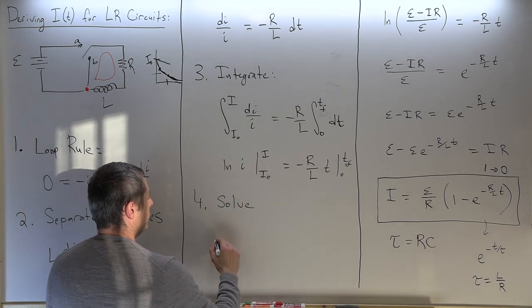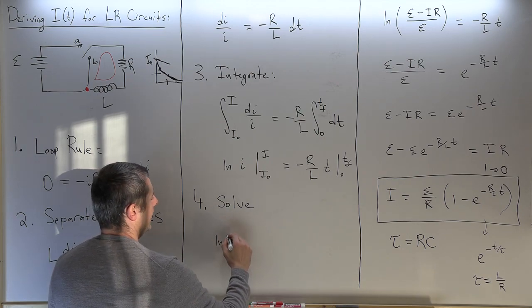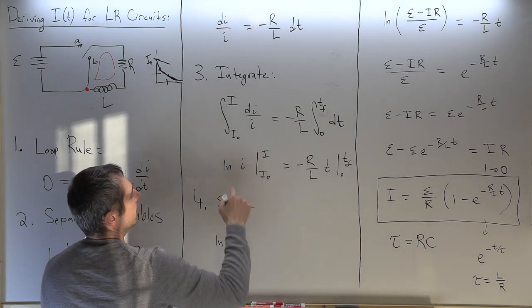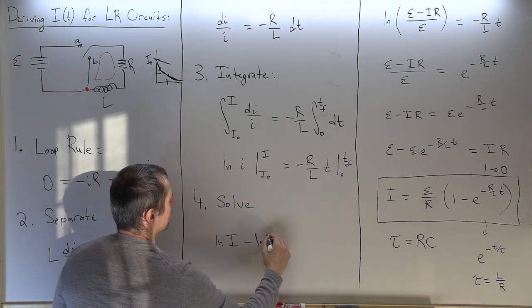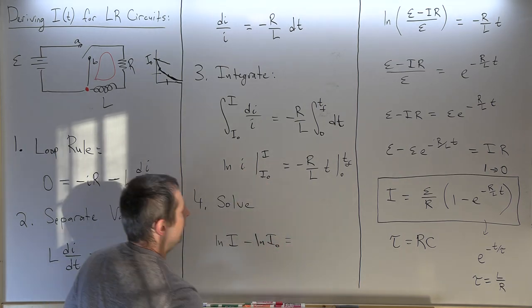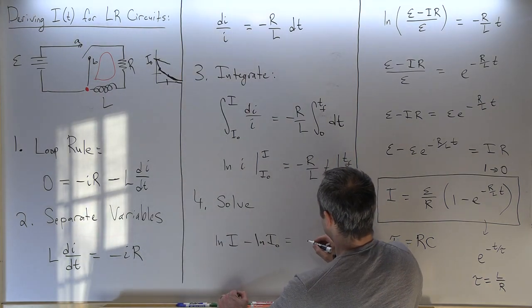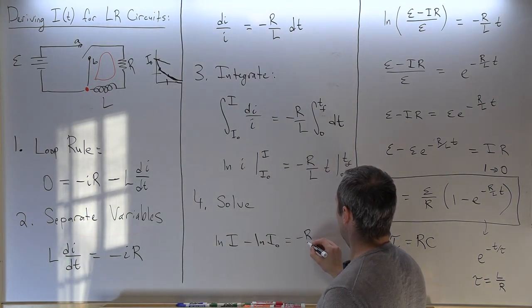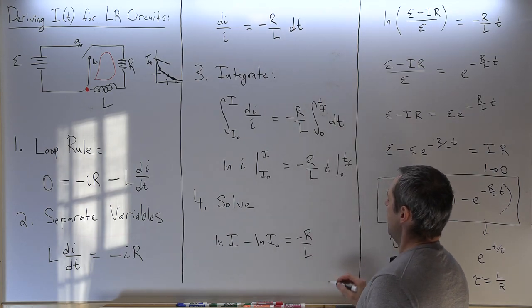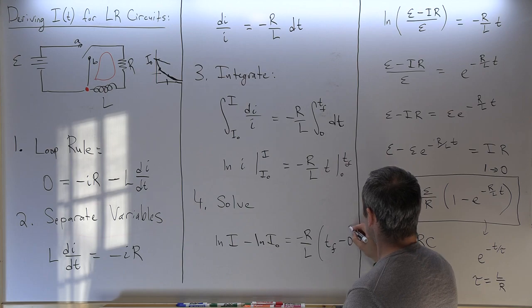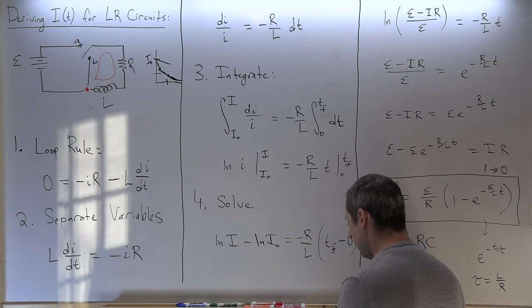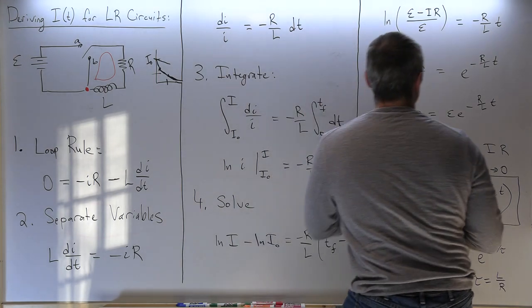So on the left side, we'll have ln of I, right? And then this minus this ln of I0. On this side, we still have the constants of minus R over L, but the limits of t final minus 0. All right, moving on.